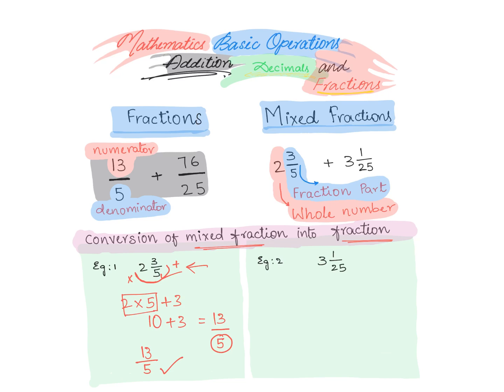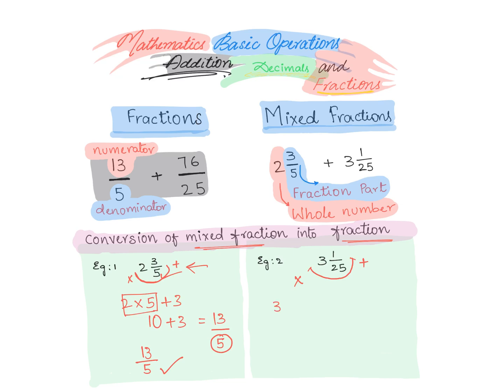Is it clear? Now let us go to example 2, and what we need to do is to keep a big smile. Yes, and then we need to add the multiplication symbol, that is into, and plus over here, right? Yes, then 3 into 25 plus 1. This is what happens. Let us do that.